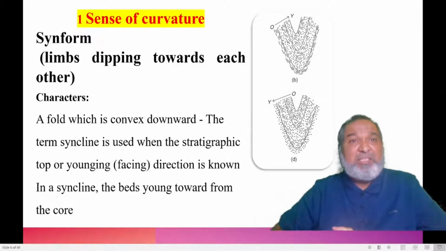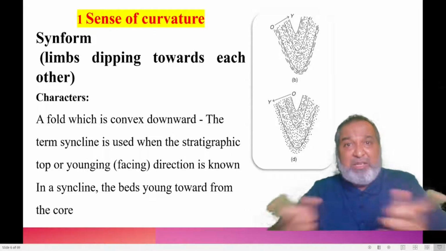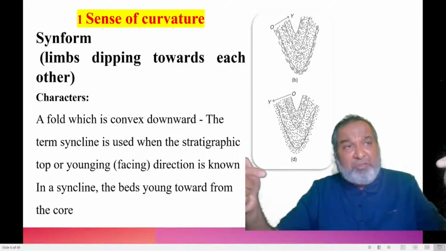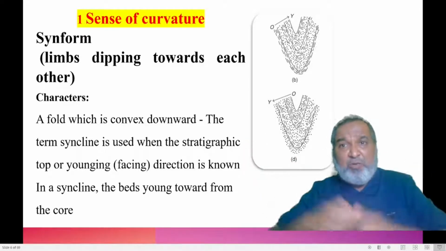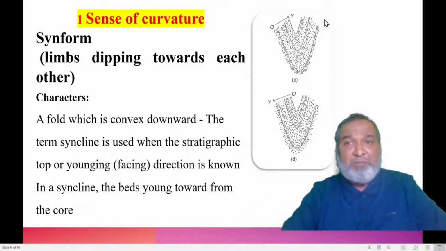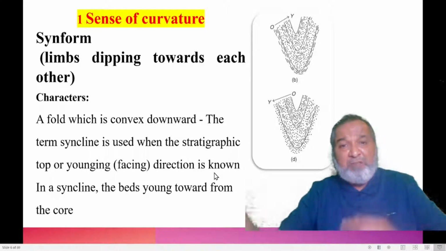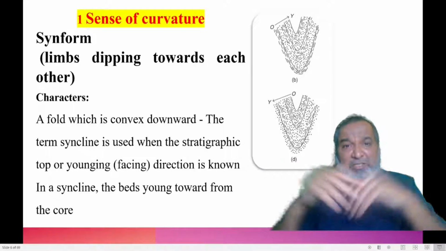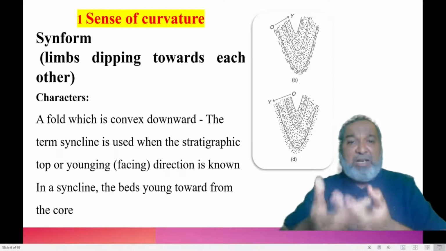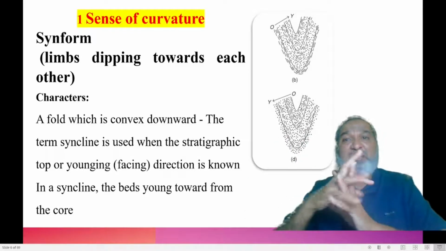The next one, synform, the limbs dipping towards each other. So first one, away, anti is opposite, syn is towards each other. A fold which is convex downward. Yes, this is the convex downward. The term syncline is used when the stratigraphic top or younging facing direction is known. When we know the dip directions, whatever the slope directions of those particular limbs, we know stratigraphically, then it is called synform.